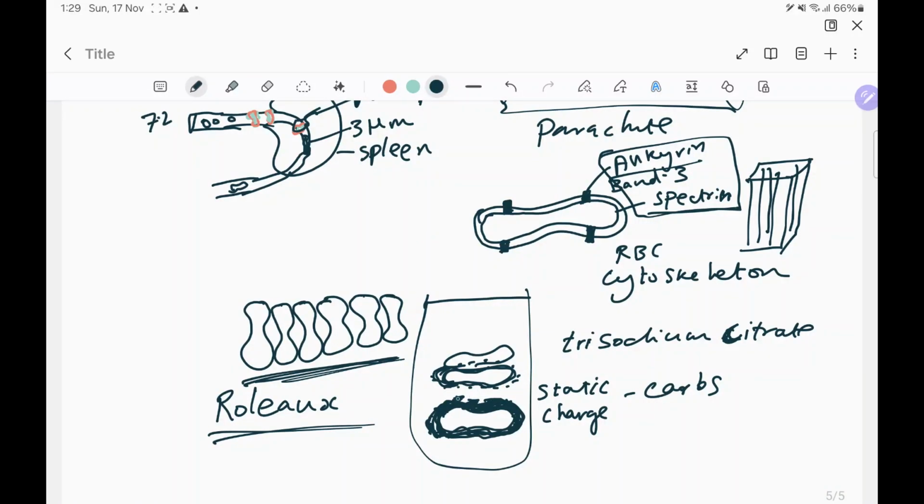So this rouleaux formation happens when you allow stacking of cells to take place, because of the plasma proteins, especially the branched plasma proteins with a lot of branches, like fibrinogen, which is a clotting protein, very important for clotting blood. It tends to act like a foundation.